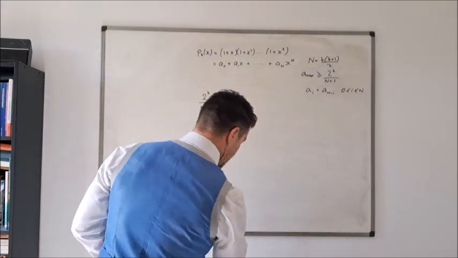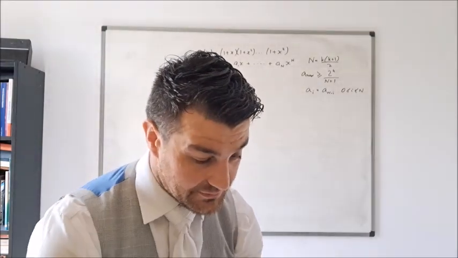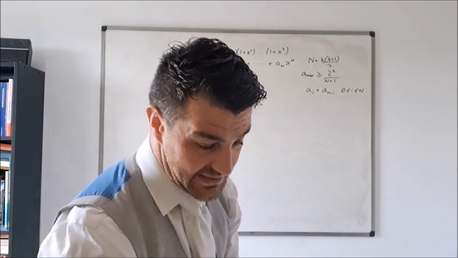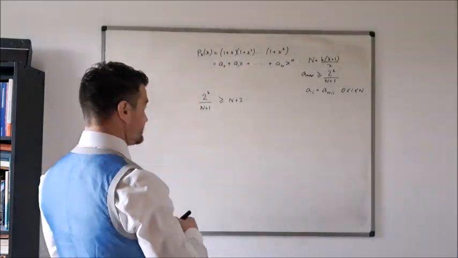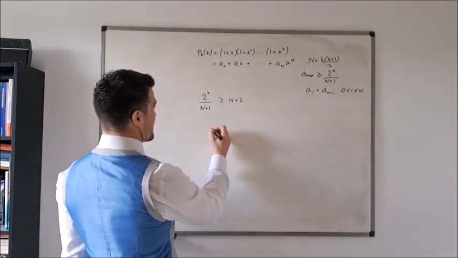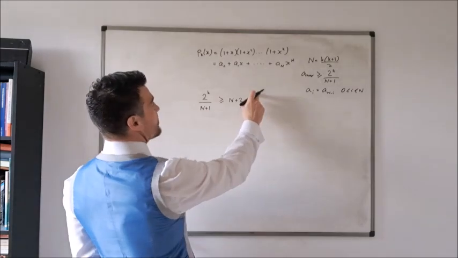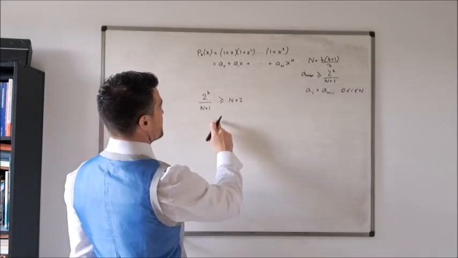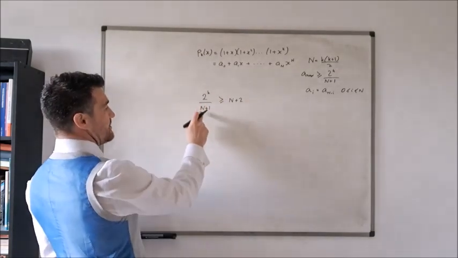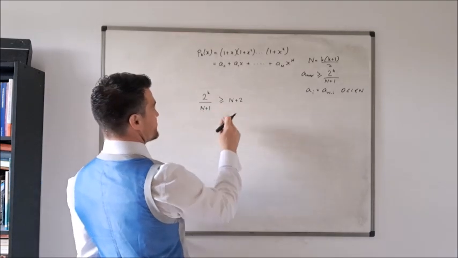So I tried something else then. I was thinking, how can I make this come about? How can I get 2 to the power of k over n plus 1 to be greater than or equal to n plus 2?